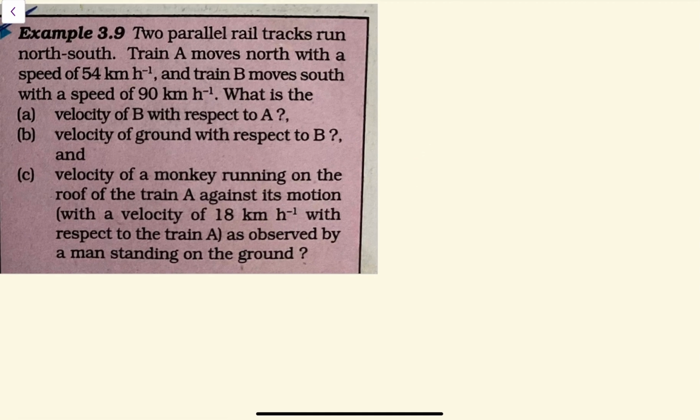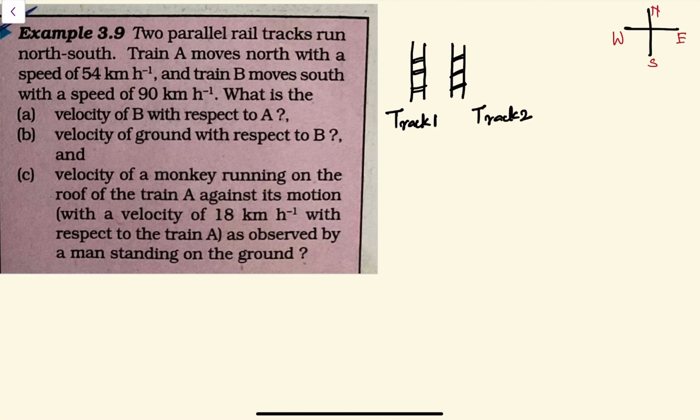These are two parallel tracks, north south, east west. This is one track, this is the other track. This is track 1, this is track 2.